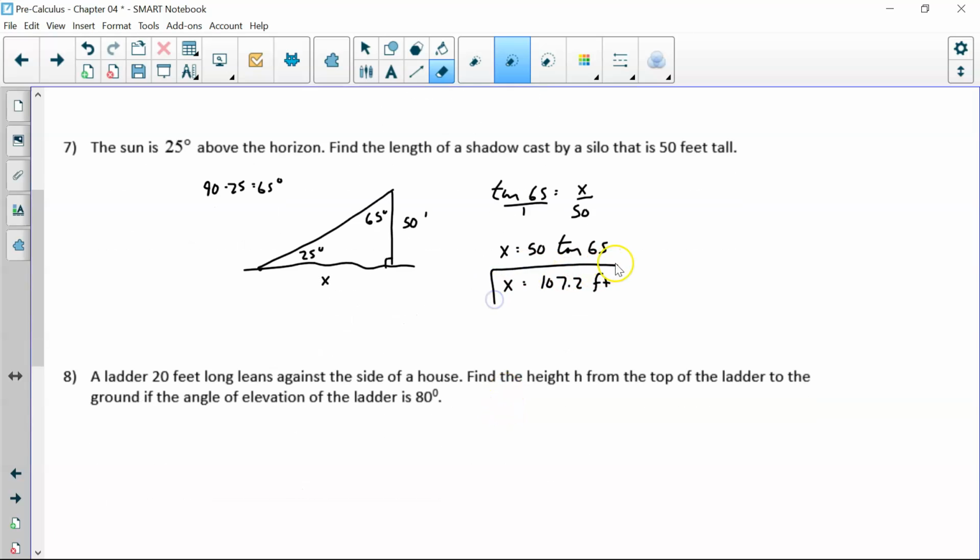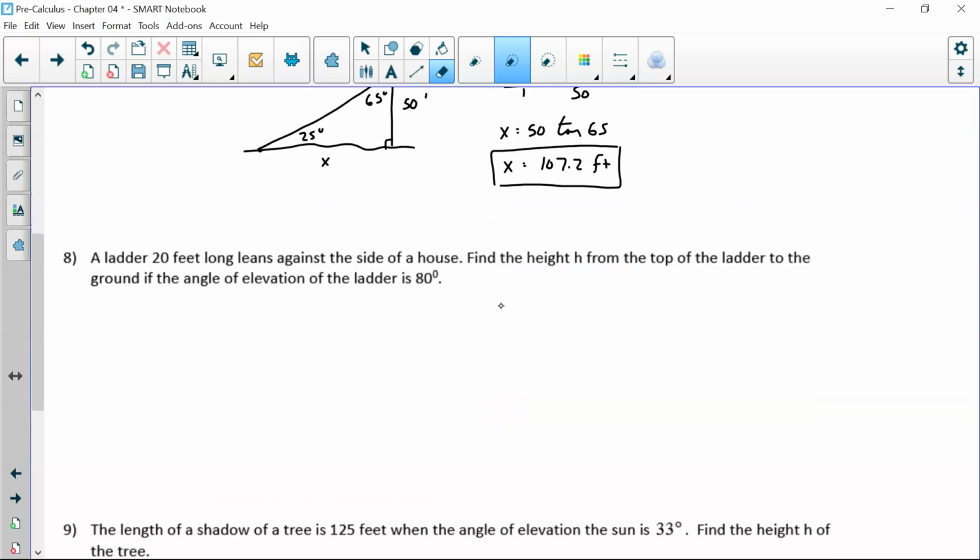Number 8, a ladder leaning against the side of the house. The ladder is 20 feet. That's the hypotenuse. The angle of elevation is down here, 80 degrees, and we want to find out the height that the ladder reaches, h. We have the hypotenuse. We're going to use sine or cosine since we have the opposite.